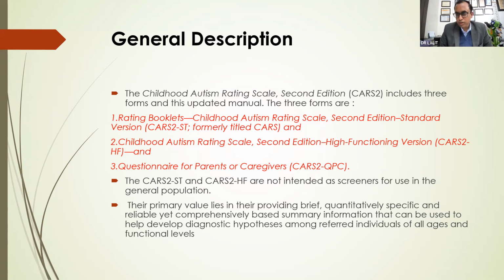And the good thing about this CARS 2 ST compared to the previous CARS is that it directly correlates with our DSM criteria, which describes the different levels of functionality of autism, whether it is partially dependent or requires substantial support, or a child requires very substantial support, which has been classified into 3 different functional categories of autism. So this scoring of CARS more or less correlates with the severity of autism. That we'll be seeing in our coming slides.